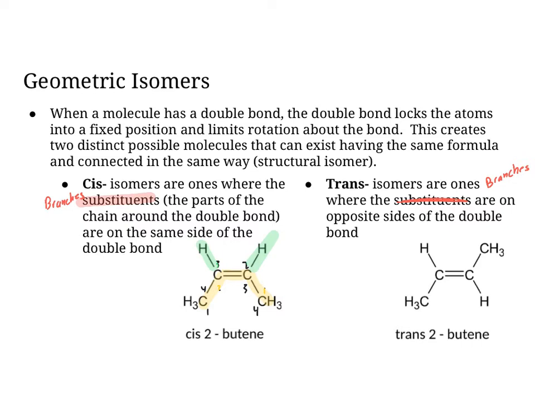Now, in the exact same isomeral structure, we have 4 carbons again. When I follow my chain, I can see that the hydrogens are on opposite sides of the double bond. So when it's on opposite sides, it's trans, and when they are on the same side, it's cis.